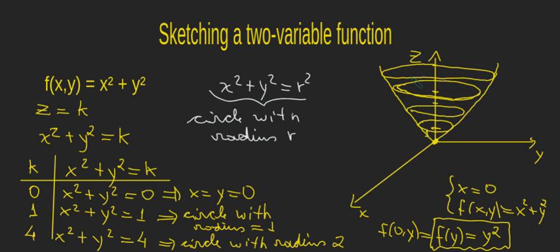So adding all these pieces together, we can now in the next page draw the final graphic. As we see, the shape is like a parabola, and we know that in each height we have a circle.